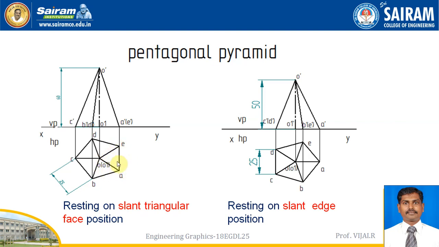Okay, clear? This is a triangular face, this is a slant edge, this line is the slant edge. So when it is resting on the triangular face position, you keep the edge resting on the edge position, so the triangular face looks like this.